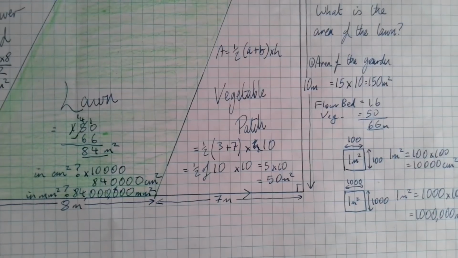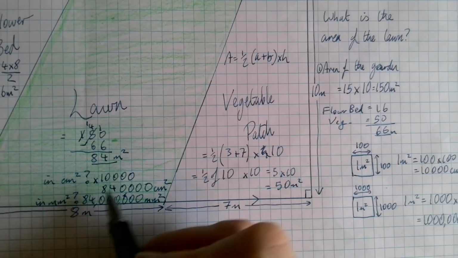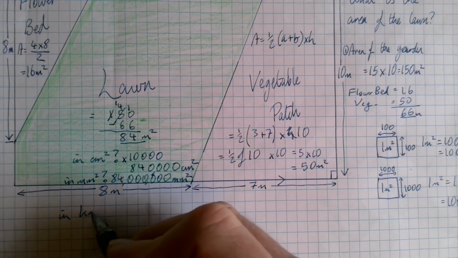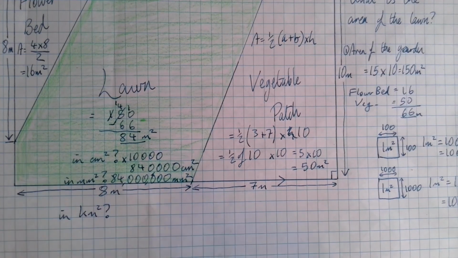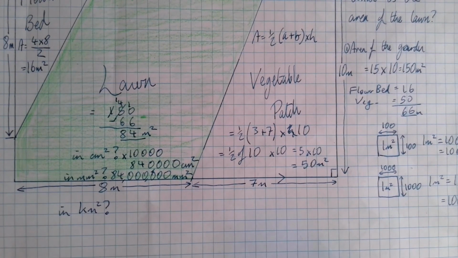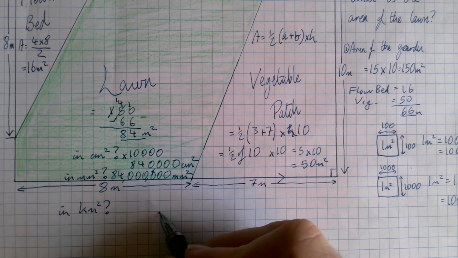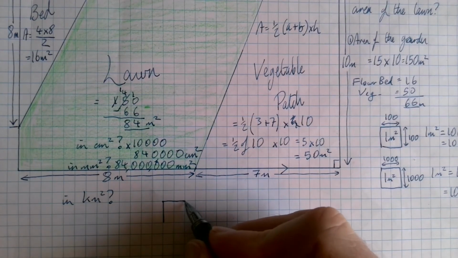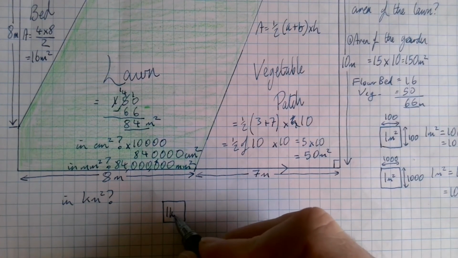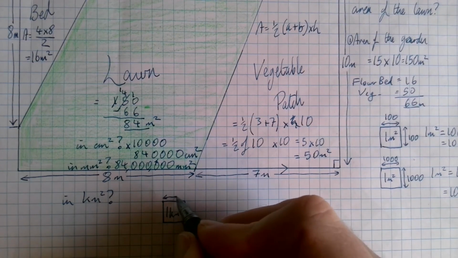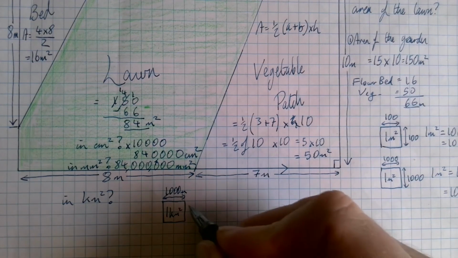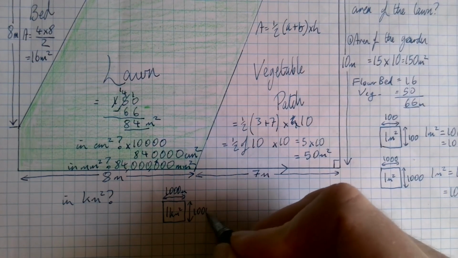And one other annoying thing they might ask you is, what would it be in kilometers squared? Now that is a little dicier, because then if we're thinking about our 1 square kilometer, it's probably easier to think about a kilometer. 1 kilometer squared is going to be 1,000 meters by 1,000 meters.